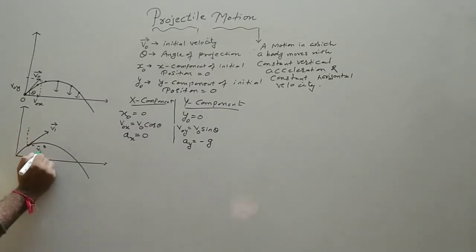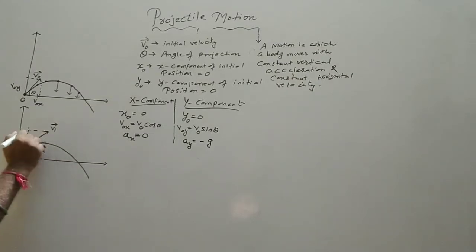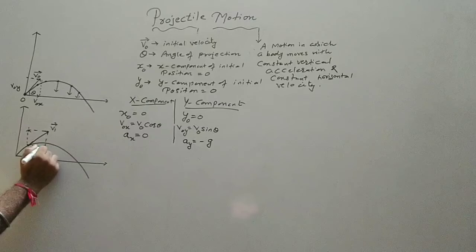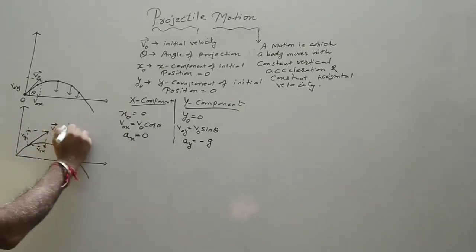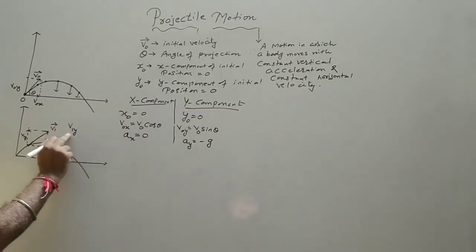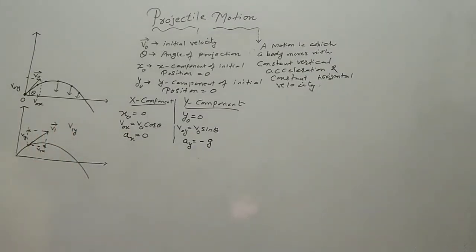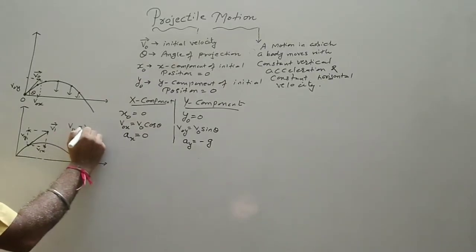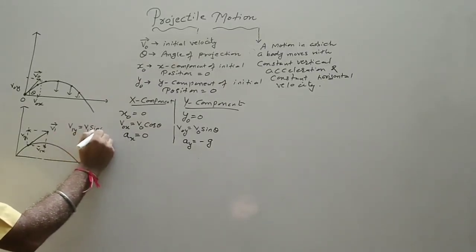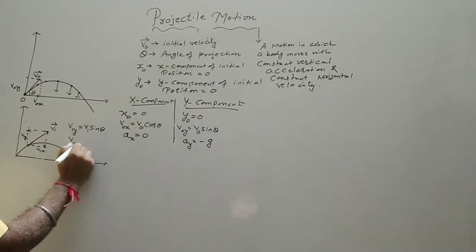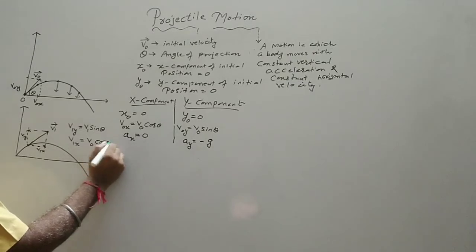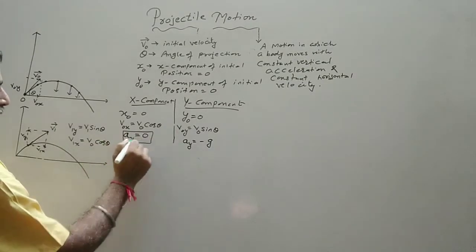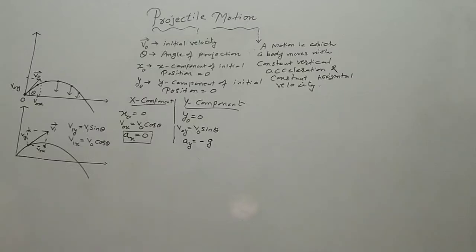This component is v1 x and this will be equal to v1 y. So v1 y, that is a first instant, so let us name it as first instant 1. v1 y will be equal to v1 sin theta, but v1 x will be written as v0 cos theta because the acceleration along the x-axis is 0.